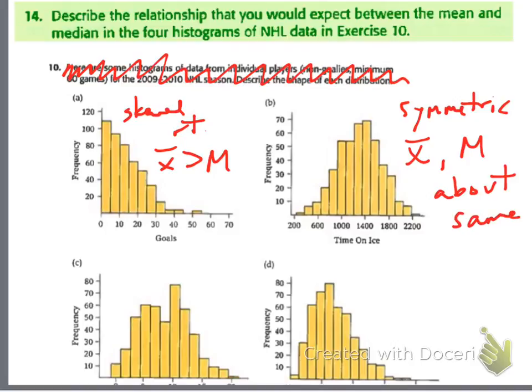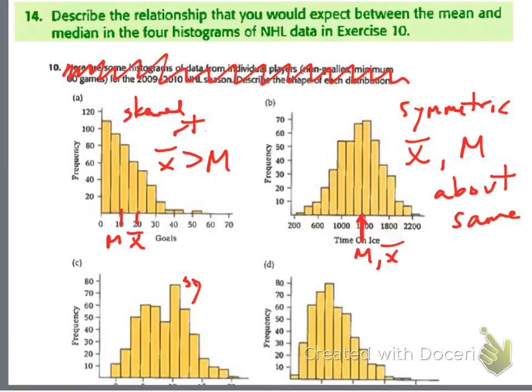They're not exactly the same. They're about the same. Here, X bar is right about there. And again, we don't have exact numbers, so it's hard to say. Median's right there. C, I would say that's symmetric.